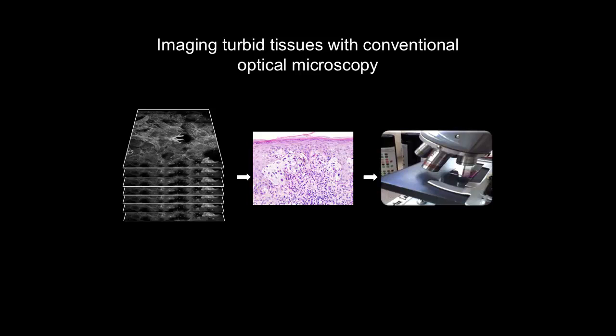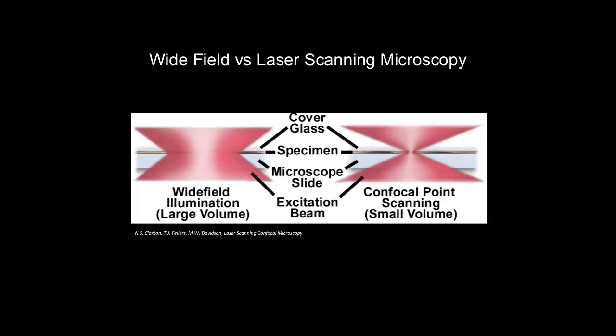So really the question is, how can we image thin slices of tissue by optical means without having to physically section it? And the answer is we do that by focusing the light into the tissue.